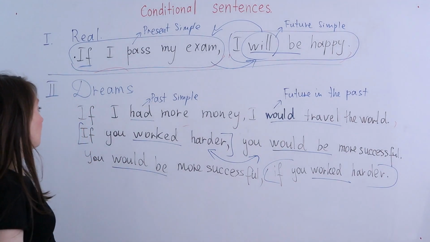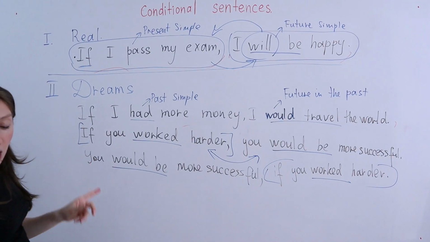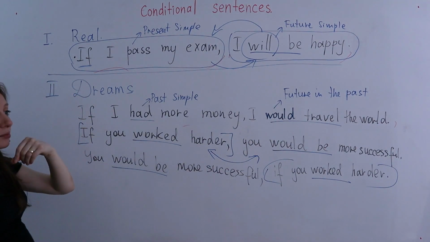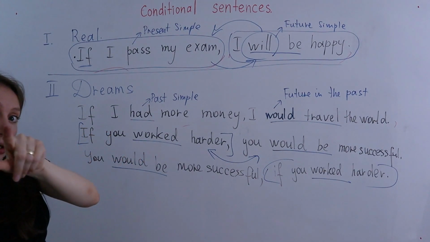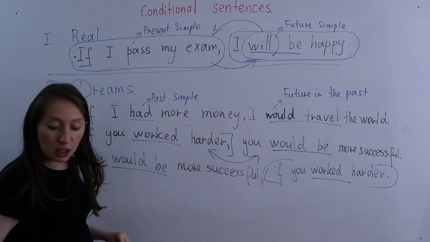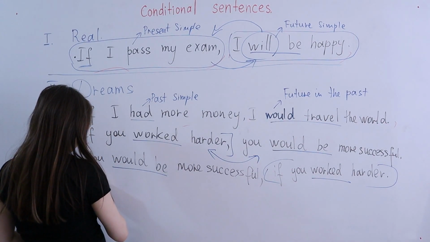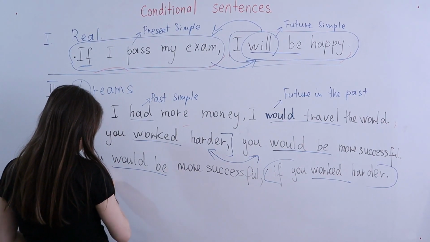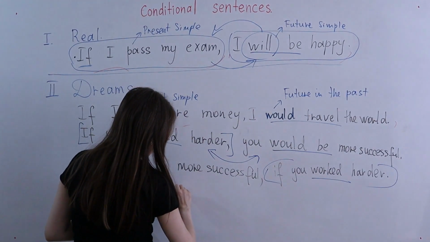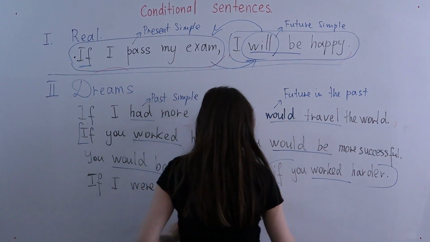No problem, all right? And one more sentence that I would like to explain to you with conditional sentences, type 2, with the verb to be. For example, if I were you, I wouldn't talk to him. Let me write it first. If I were you, I would talk to him.